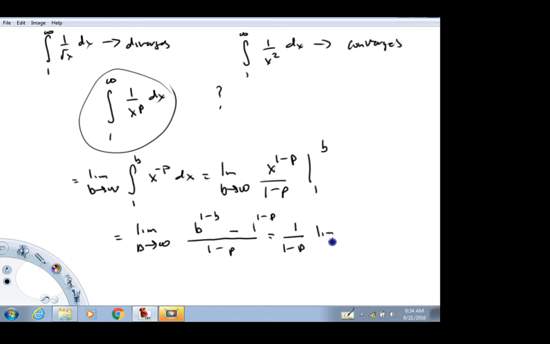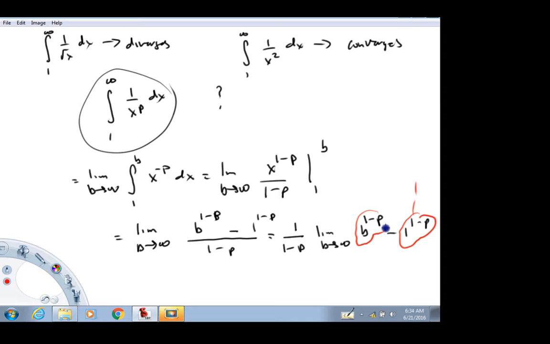Then we've got the limit as b goes to infinity of b to the 1 minus p minus 1 to the 1 minus p. As I look back here, this is a p here, not a b, a p. Actually, let me back up and talk about this. 1 to the 1 minus p is 1 for all values of p. So the thing in red here is a 1.